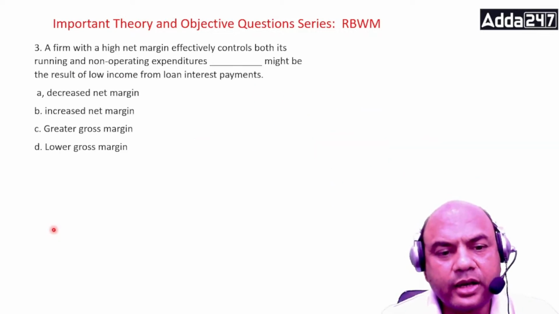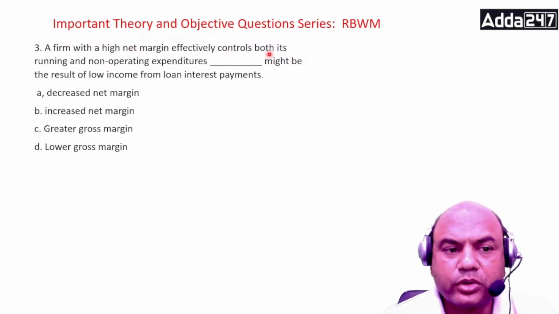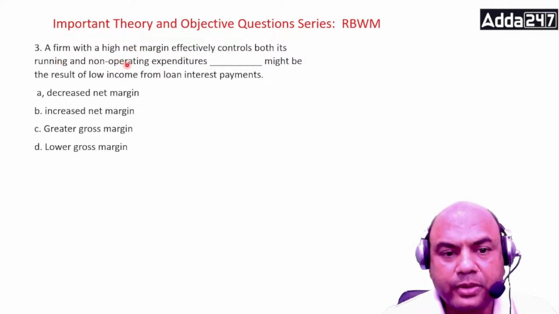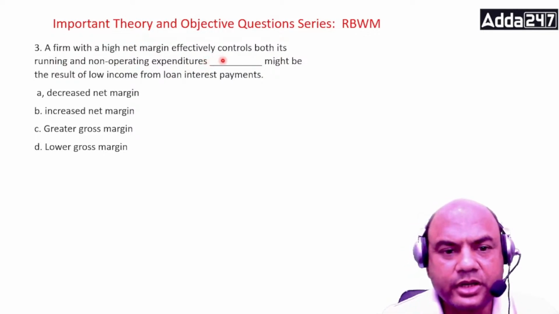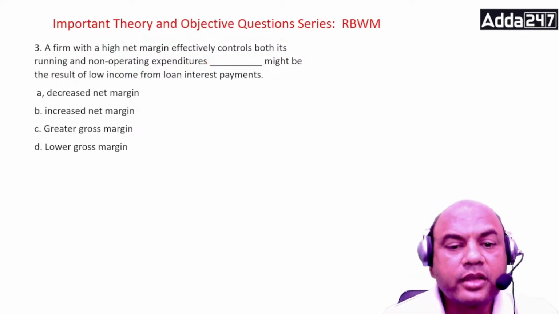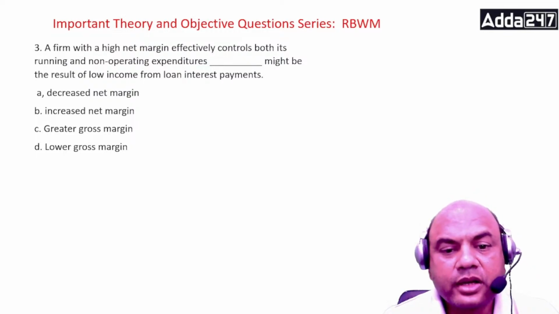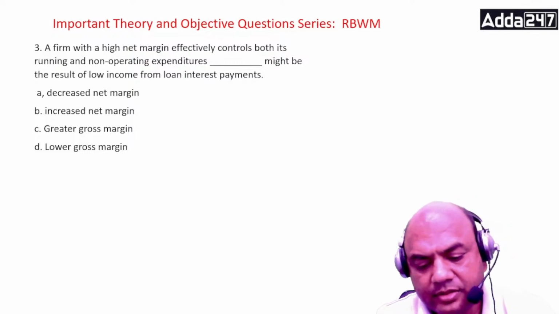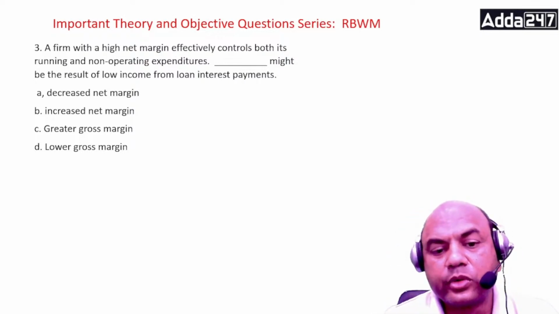A firm with a high net margin effectively controls both its running and non-operating expenditures. So here it's a full stop. It controls both of them. Now the next question is, dash might be the result of low income from loan interest payments.